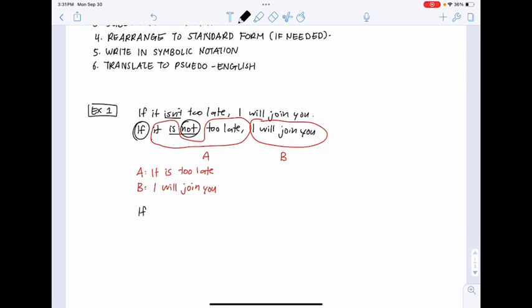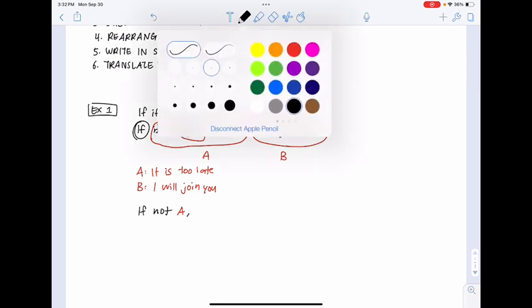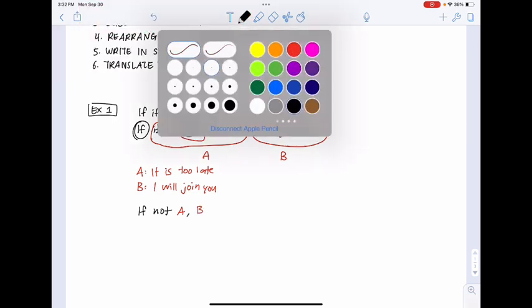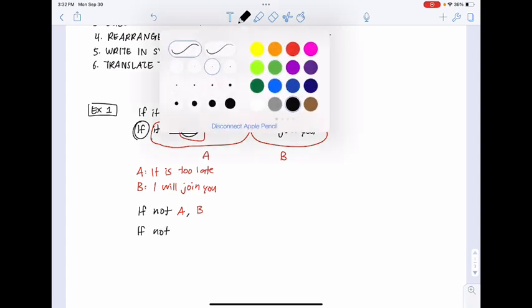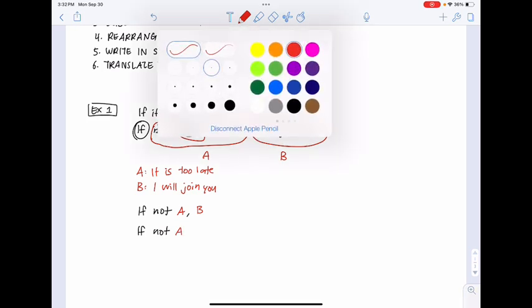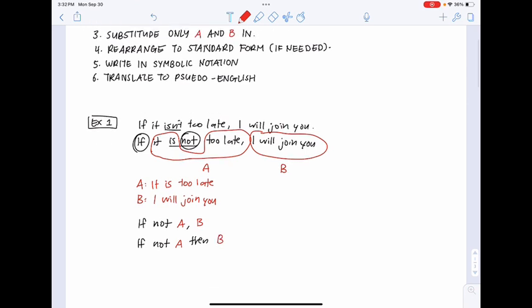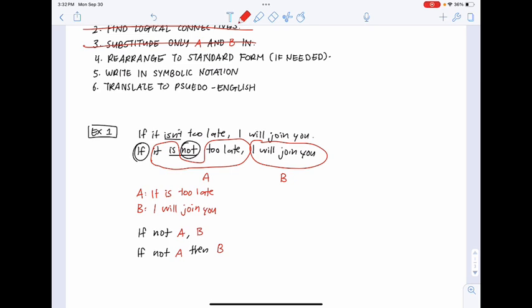So this would look like if not A, then B. Here I just wrote the comma to keep it consistent, but this is actually just saying if not A, then B. So substitute done. Now rearrange to standard form.